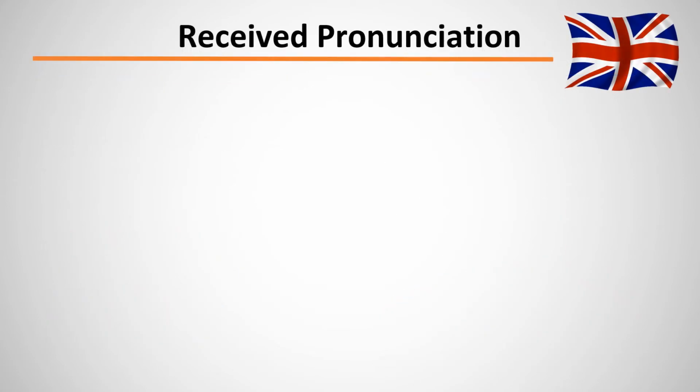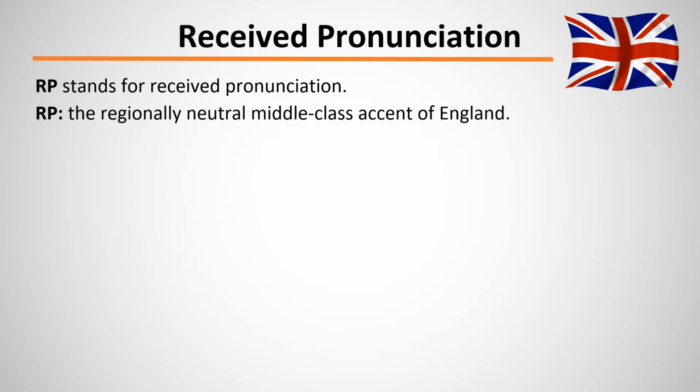Now let's talk about received pronunciation. RP stands for received pronunciation, which is an accent of Great Britain, probably most widely taught as the accent that we are meant to learn in language schools around the world. The RP is defined as the regionally neutral middle class accent of England.